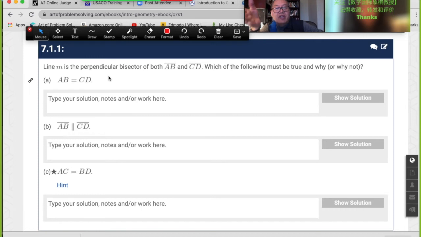Can you give me an example when they're equal and when they're not equal?